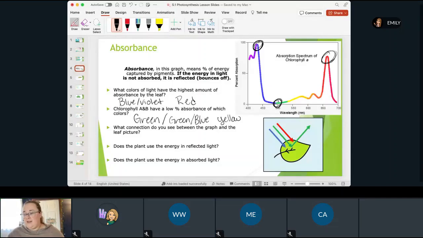We already talked about the connection. Okay, but what connection do you see between this picture here and the graph? Think about the color of the leaf. So what connections do you see between the graph and the leaf?